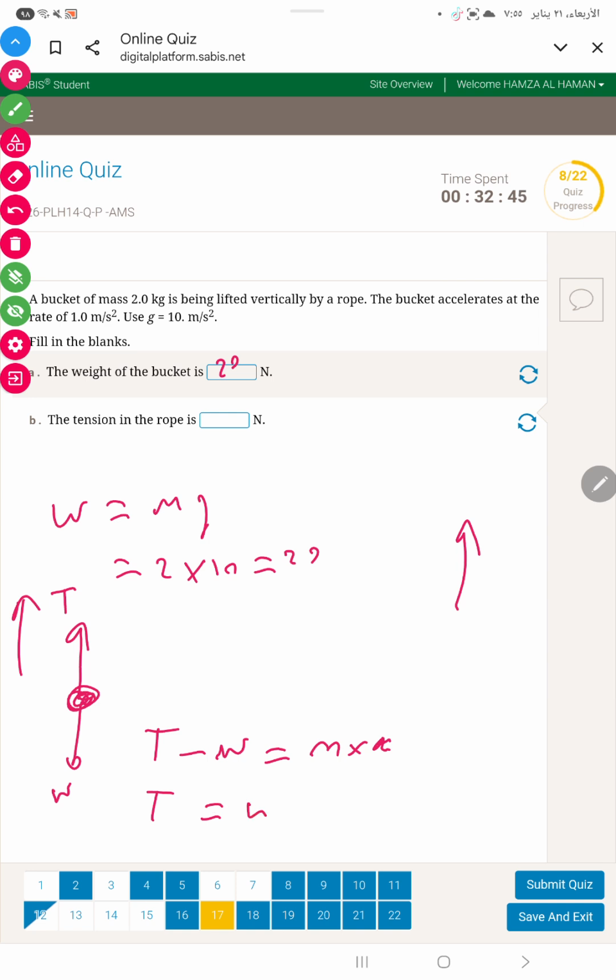Tension is equal to W plus MA, which means mg plus MA. So just multiply now mass, which is 2 times 10 plus the acceleration is given as 1, so 2 times 1. So we have 20 plus 2, 22. So the tension is 22 newtons.